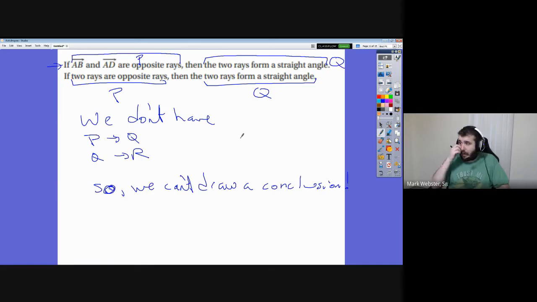It's as simple as that. There's no conclusion to draw. So, there's nothing that we can do. I mean, these two are basically repeats of each other. Okay.